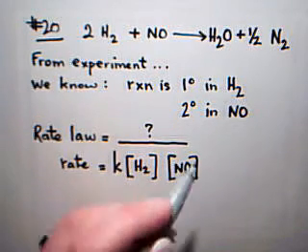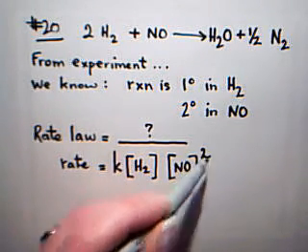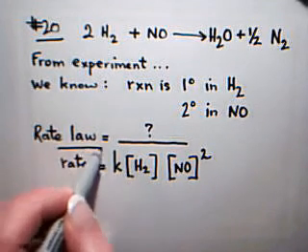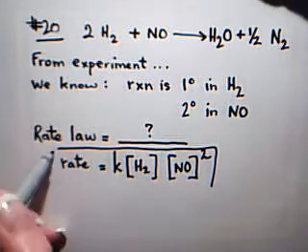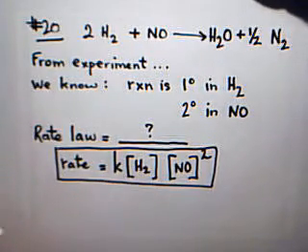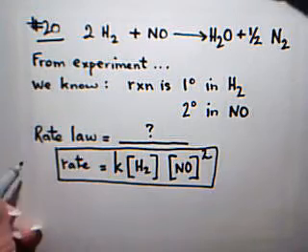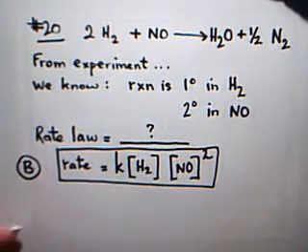And it's second order in nitrogen monoxide, so there's a 2 there. So the reaction is in fact third order overall, and this is the way that I would write the rate law expression. And if we look at our choices for number 20, that corresponds to B.